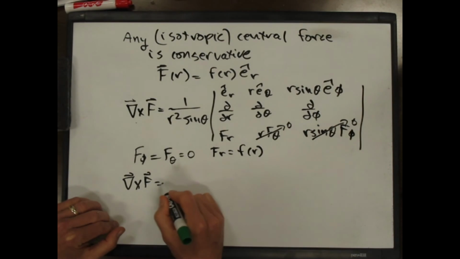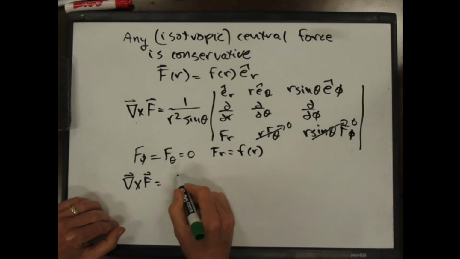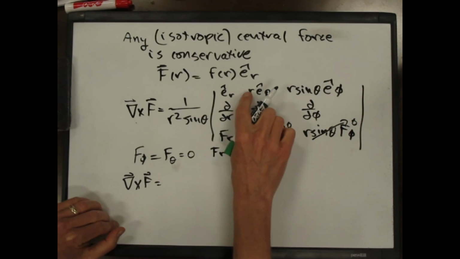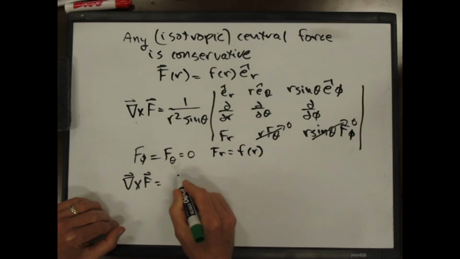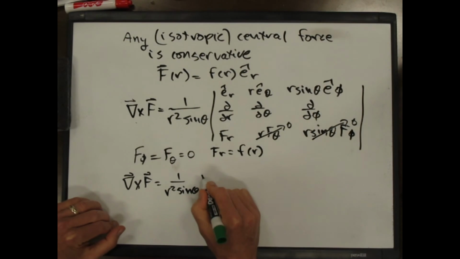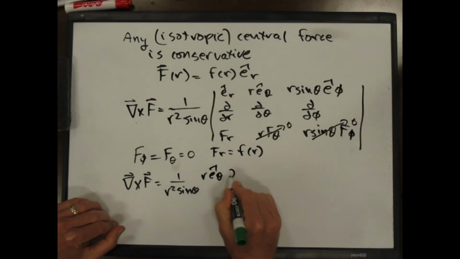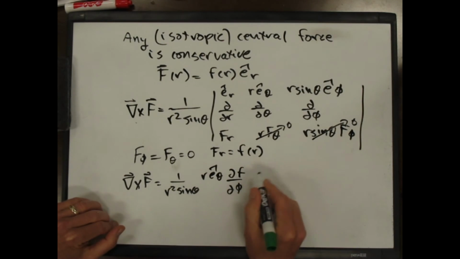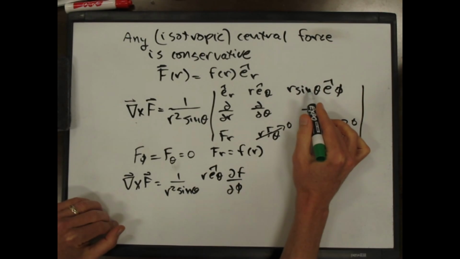And it's minus this times that, which is 0, minus that times that. And so we end up with a term that comes out as positive, because it's a negative here and a negative on there. So it's positive. It's 1 over r squared sine theta for this guy, times r e hat theta, times partial f partial phi, and then this guy has a term.